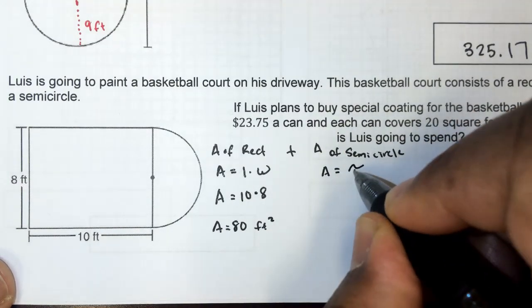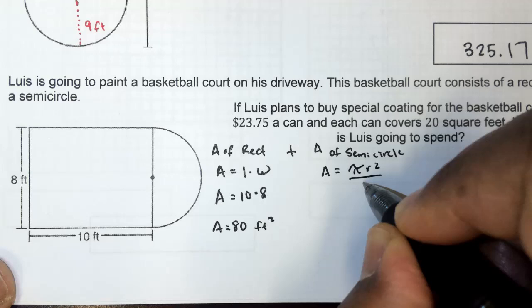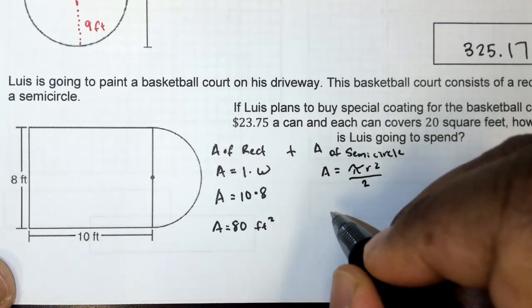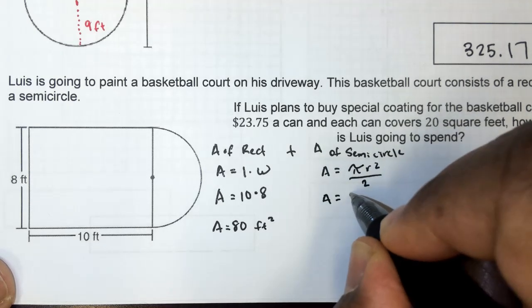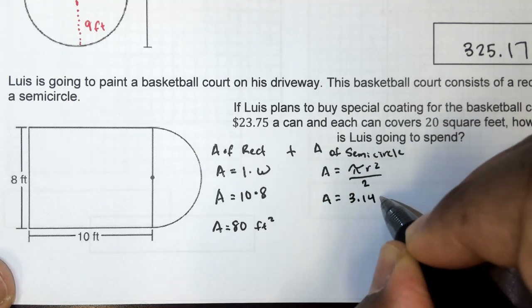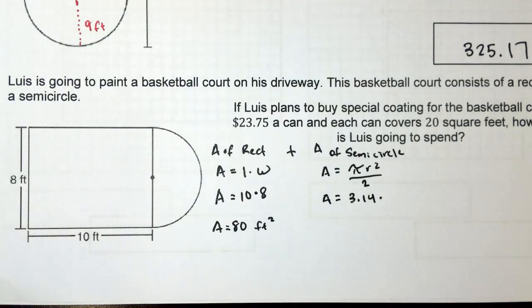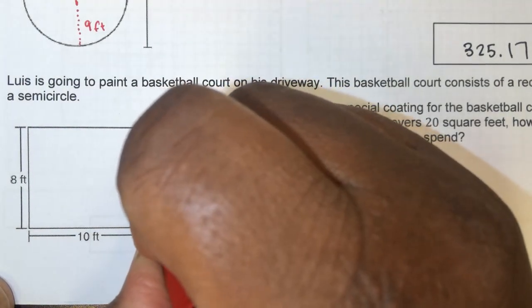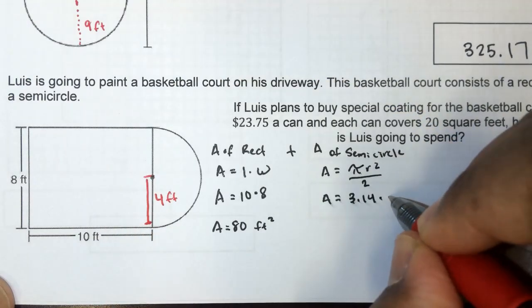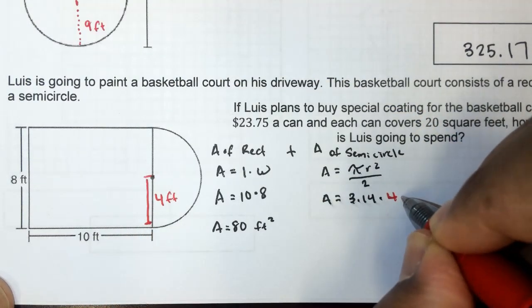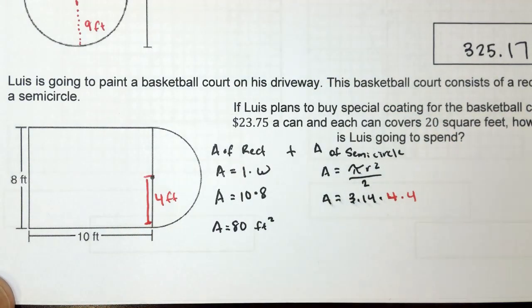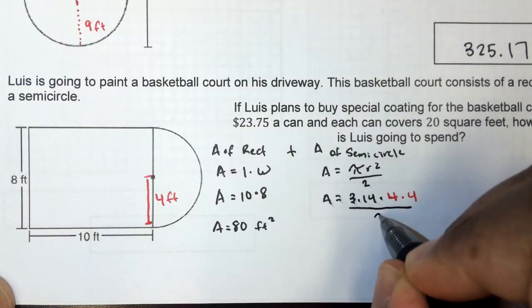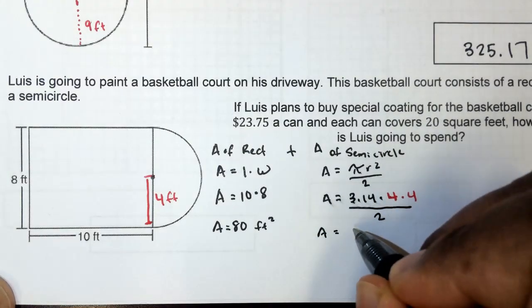We're going to use the same formula me and Bird just used. 3.14. What's the radius, Isabella? Radius is 4 times 4 times 4 divided by 2. 25.12.